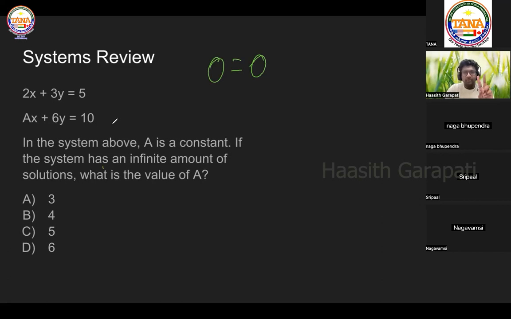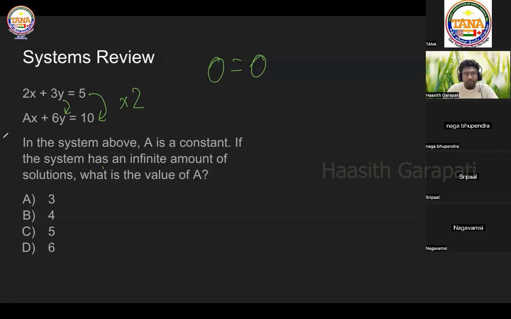Another thing I said is that a system that is always true is basically a system where the 2 equations are essentially identical, where one equation is just another version of the other, or just the other equation times 2 or times 3. If you look at trends or patterns, you can see that the bottom equation is basically the top equation multiplied by 2.